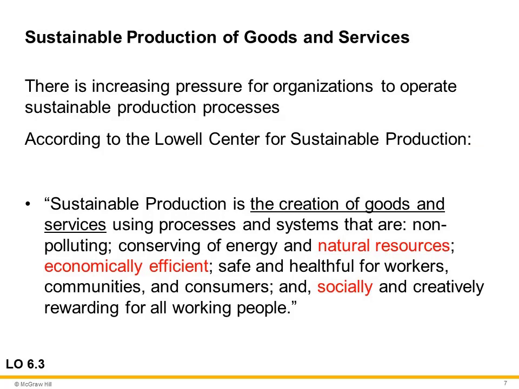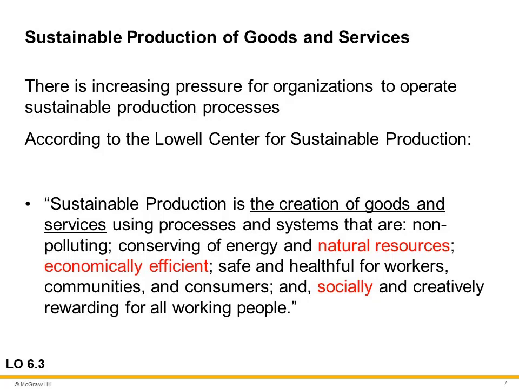So when you want to select a process type, it's better to consider sustainable production. Please don't confuse sustainable production with environment friendly production. Here we have a formal definition of sustainable production.